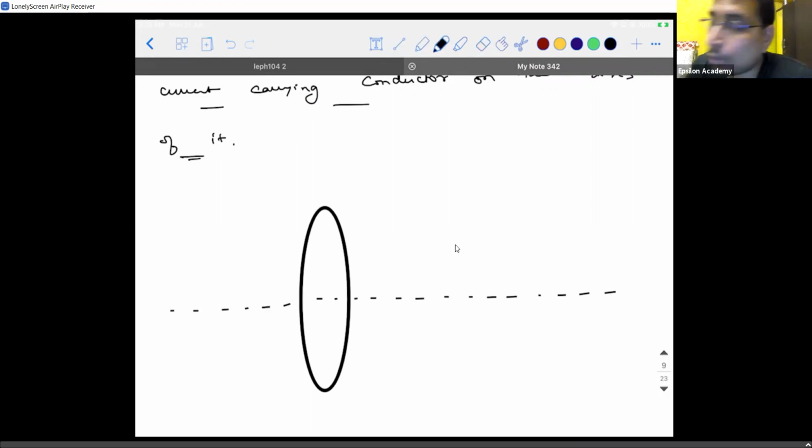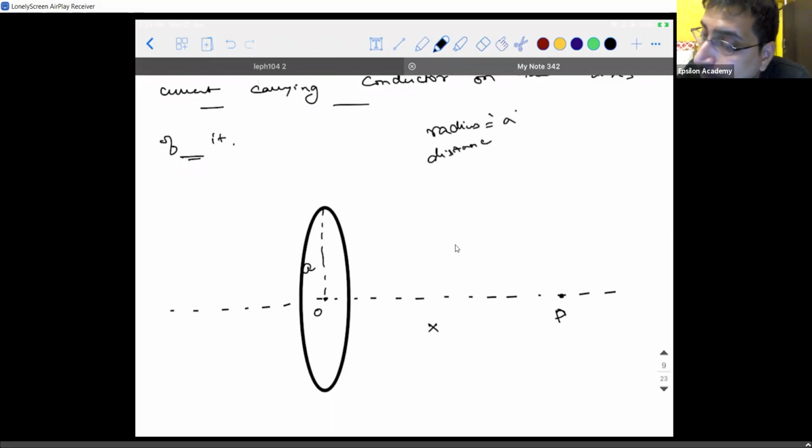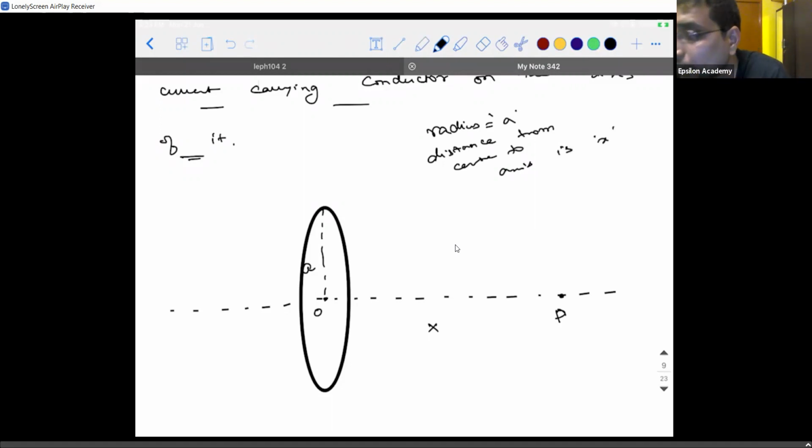On this axis, there is a point P at a distance x from the center. Let the center be O, and let the radius of the circle be A. So the radius is A and the distance from the center to point P on the axis is X. Clear? Are you able to understand this point?